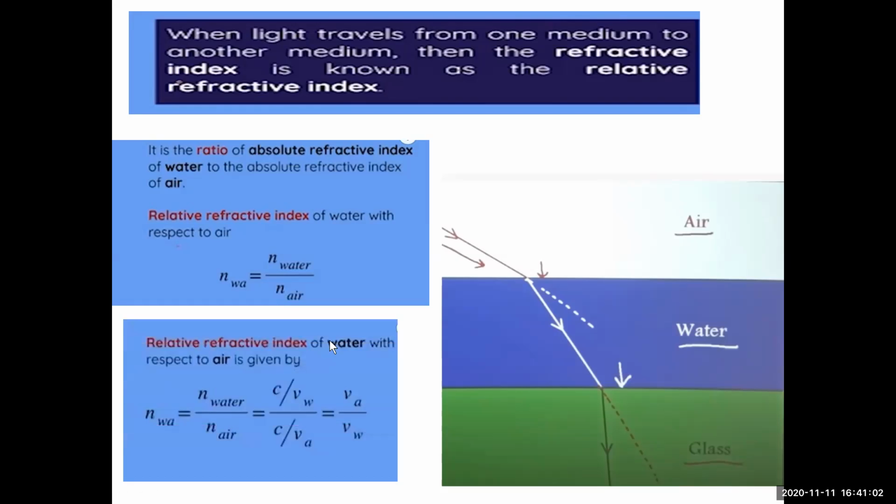Now, the relative refractive index of the water with respect to the air is given by n_WA equals absolute refractive index of the water by absolute refractive index of the air. Now we know that absolute refractive index is equal to c by v_w, the speed of the light in the vacuum by the speed of the light in the water medium. So similarly here, dividing these c's, we get v_a by v_w. Okay, students, sorry.